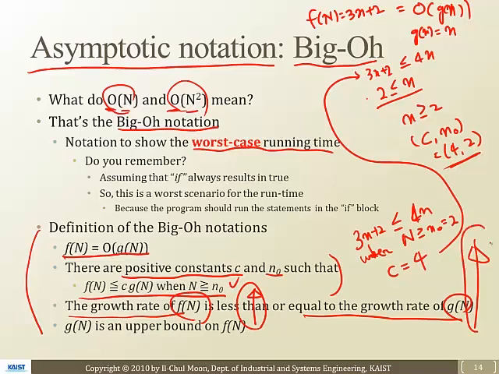And because of this, f(n) is the actual iteration count, and g(n) is the worst case of f(n). g(n) is always worse than f(n), right? So we call g(n) an upper bound of f(n), right? So that's that.